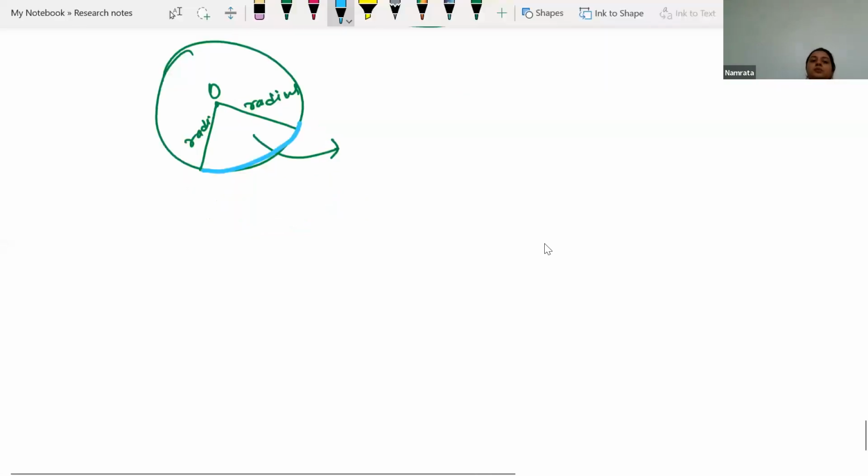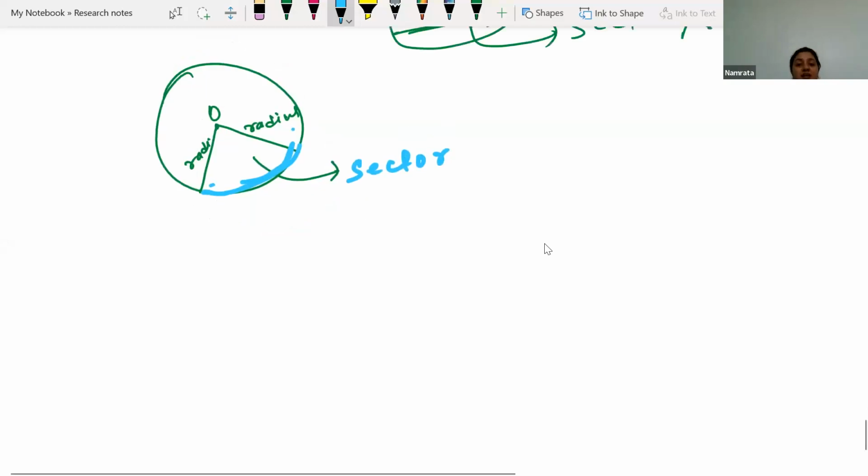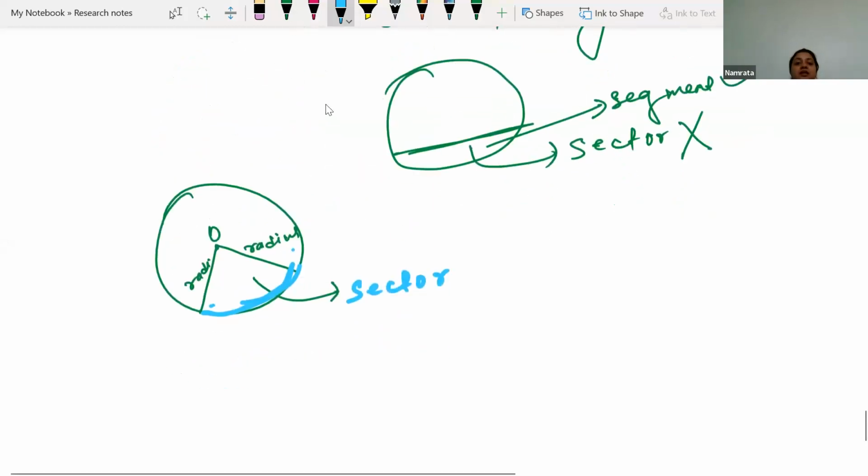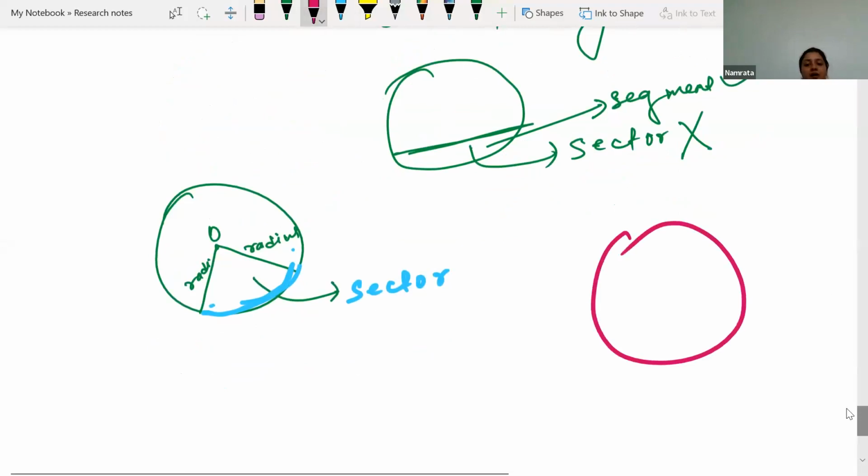So region bounded between the radius, this radius and this arc. This is called the sector of the circle. So please don't get confused between the sector and the segment. Segment means we are just drawing a chord, and this is called segment, whereas this is called the sector.